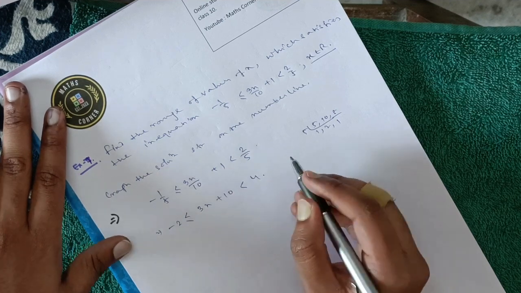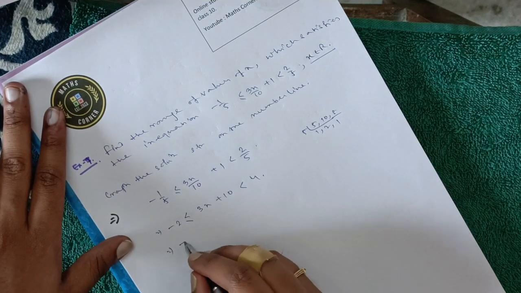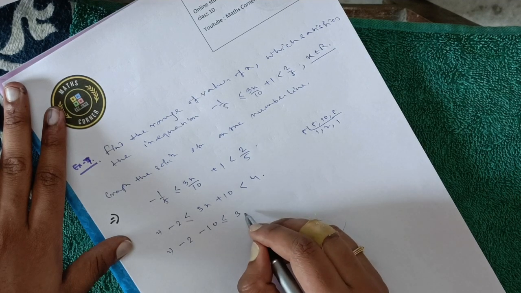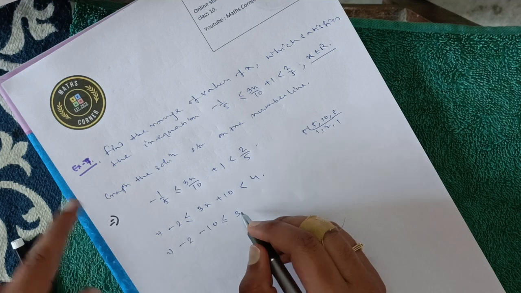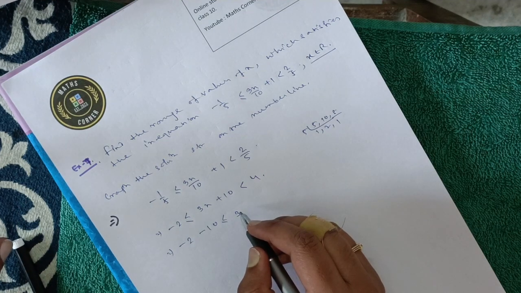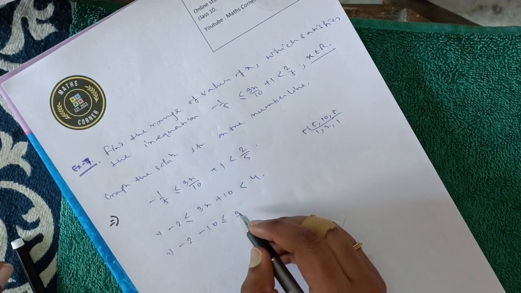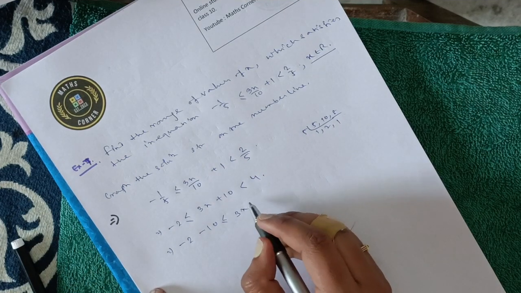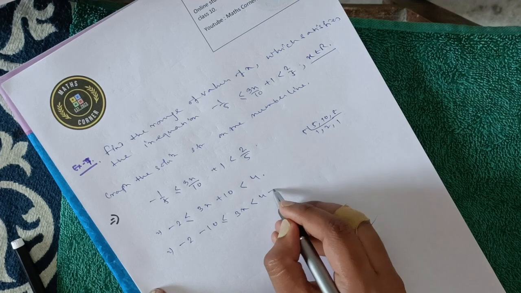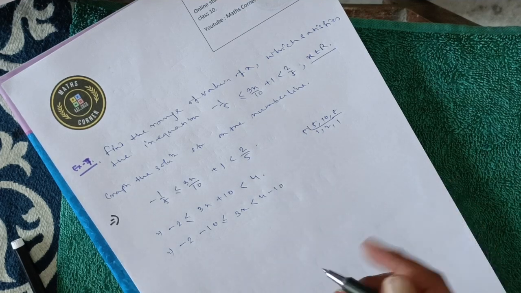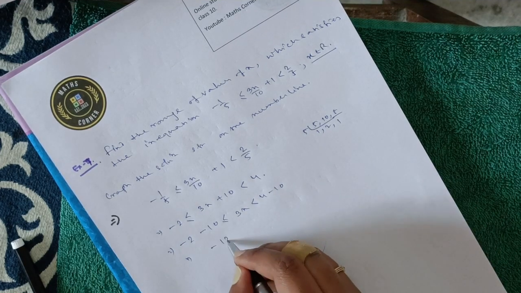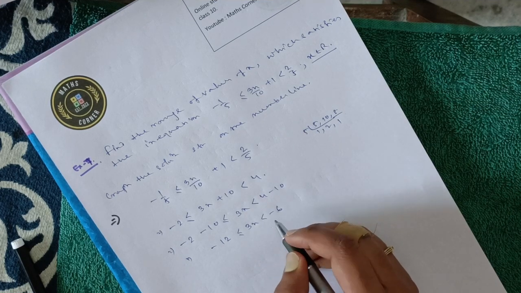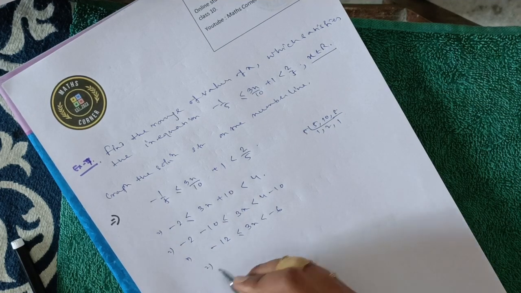Then 2 minus 2 minus 10. If you take it here, 3x, and it will come as minus 10. Then it will be minus 2, 3x, it will be minus 6.